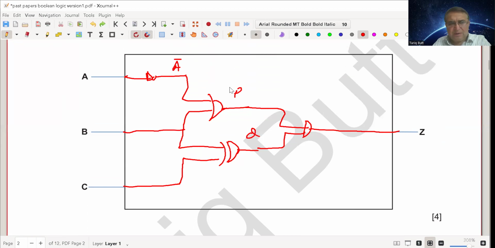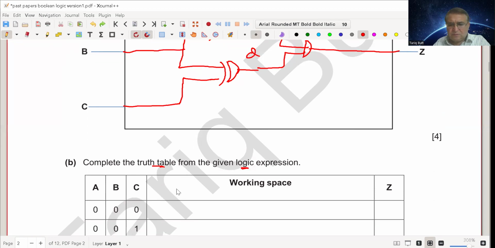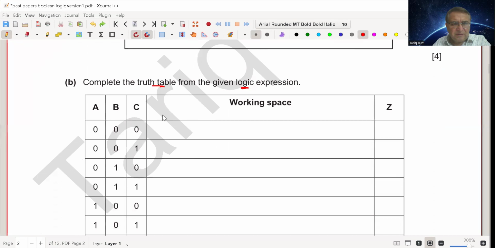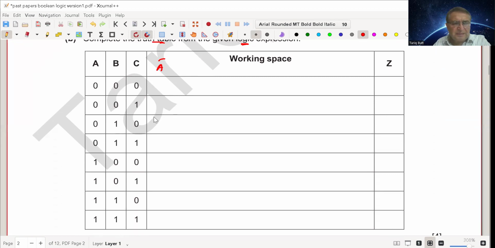For instance, you need A bar, so you can find the column of A bar. That is simply A inverted. So A is 0 0 0 0, so A bar will be 1 1 1 1, and from here onward, A complement will be 0.